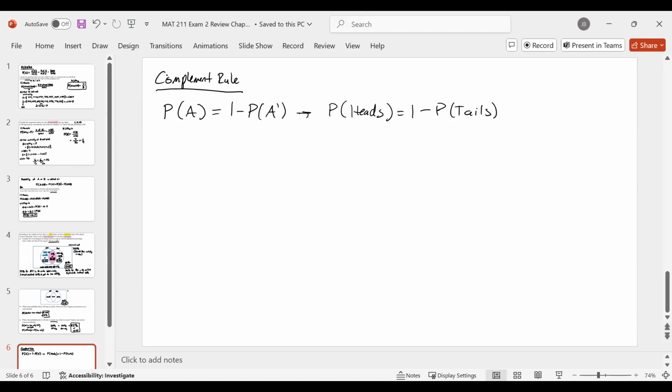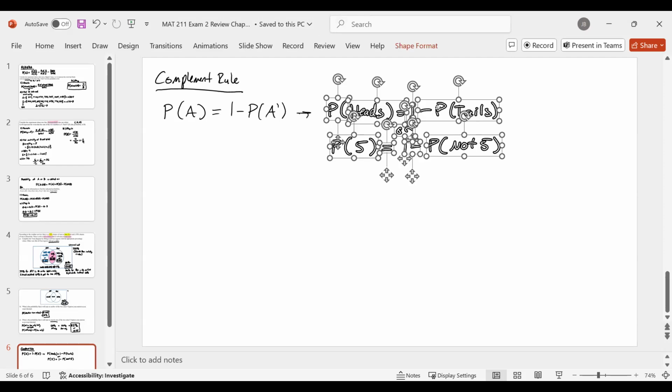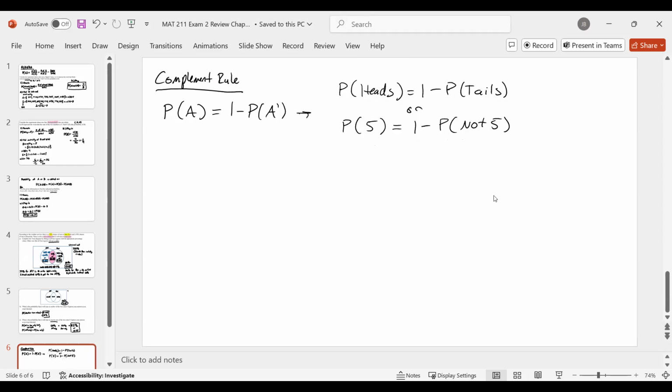Or the probability of a 5 is equal to 1 minus the probability of not 5. You're just doing the opposite, and that's what I want you to gain from this example. Sometimes that is actually the better way of doing it, but again, it just depends on the problem. So here's another example.